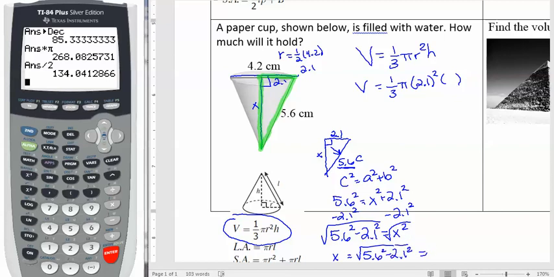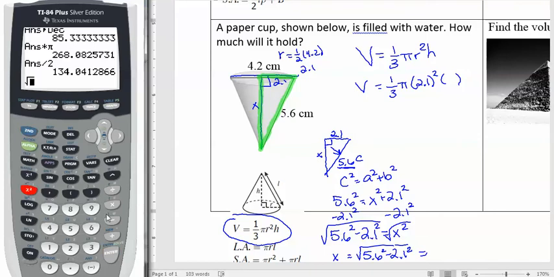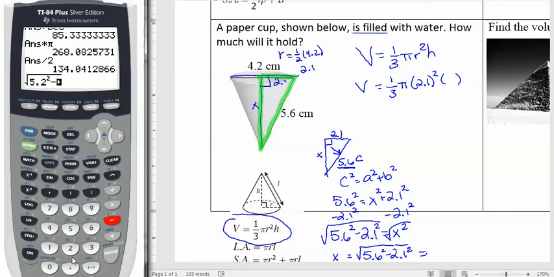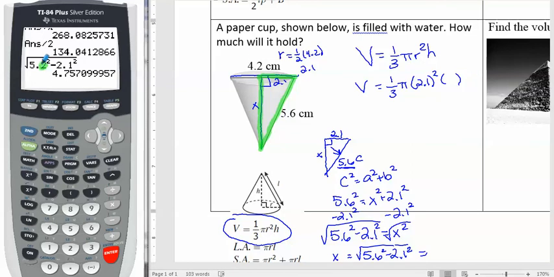When I plug that in my calculator, second x squared, oh, there we go. I get 5.2 squared minus 2.1 squared. And I just hit enter. What do I get? 4.8. Oh, I made a mistake though, didn't I? Sometimes I wonder about myself.